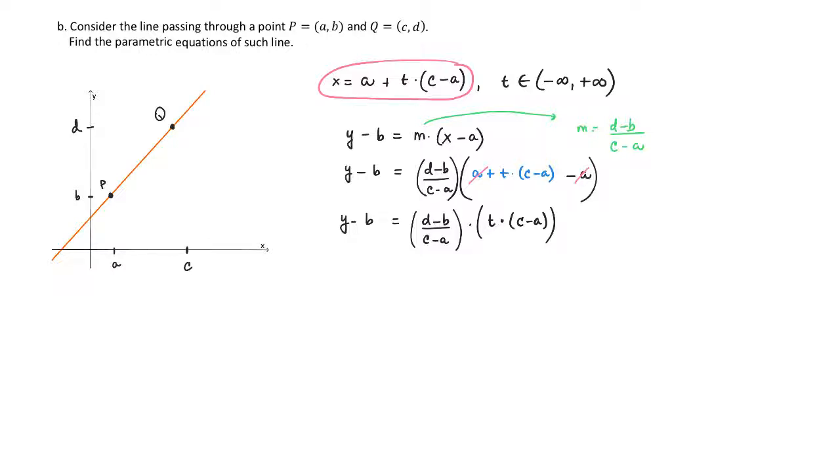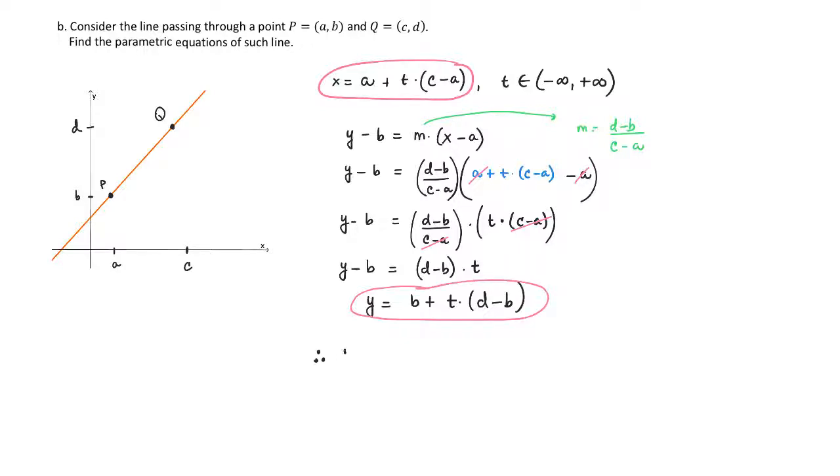But then very nicely, c minus a will cancel, and we're going to have y minus b equals d minus b times t. That's practically what we have. Fantastic. So y is going to be b plus, let me change the order of the factors, t times d minus b. And this is exactly the expression for y.